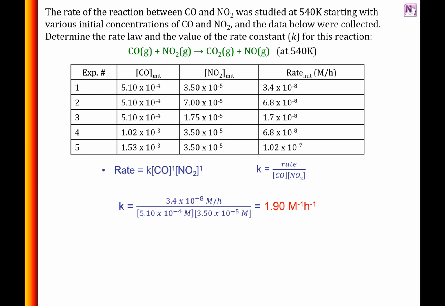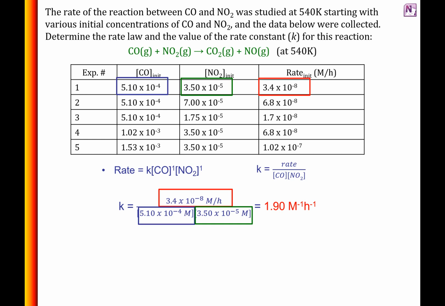After that, just solve the quick math, and that will give you a value of k. Here, the value of k is 1.9, and the units would be per molar per hour. I kept those units the same just because that's what they gave us in the table. The question doesn't ask us for specific units, so I would leave them just like that. If it asks us per second, then we'd have to convert it.